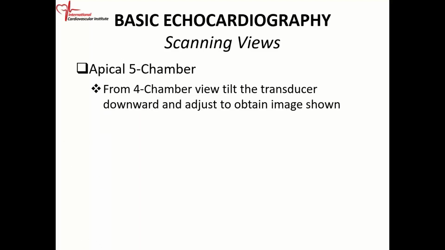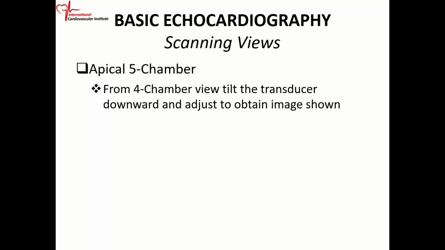So we talk about the apical 4, the apical 2, and the apical 3. Now we're going to the apical 5-chamber view, and this is a very easy view to get. Where you locate the apical 4-chamber view, the fourth or fifth intercostal space, the mid-clavicular line, mark it towards the 4 or 5 o'clock position, and you've got your apical 4.